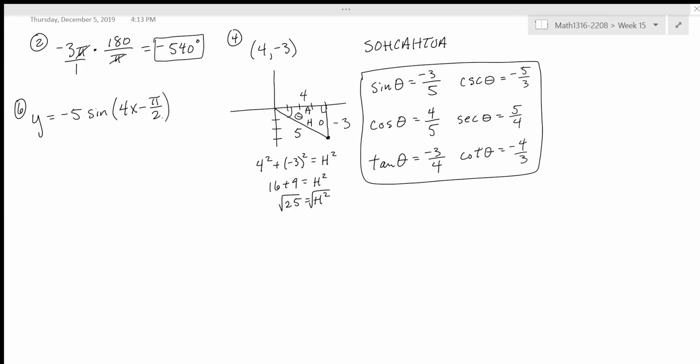Then graph at least one period of the function. We're also going to have to use the graph to determine the domain and range. So we got a little bit to do here. Let's get started.